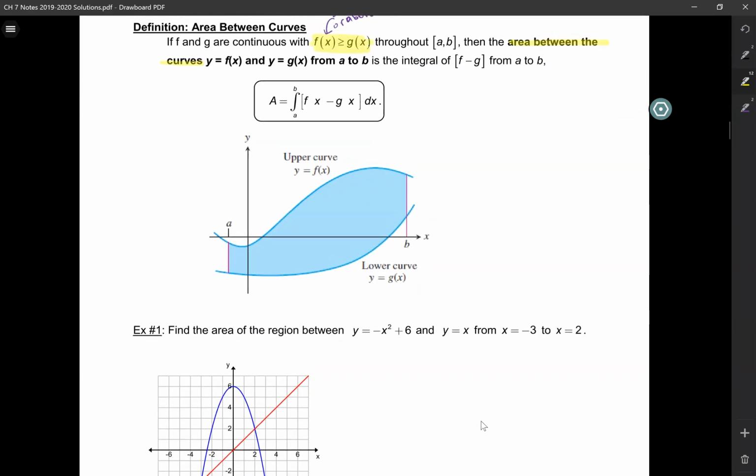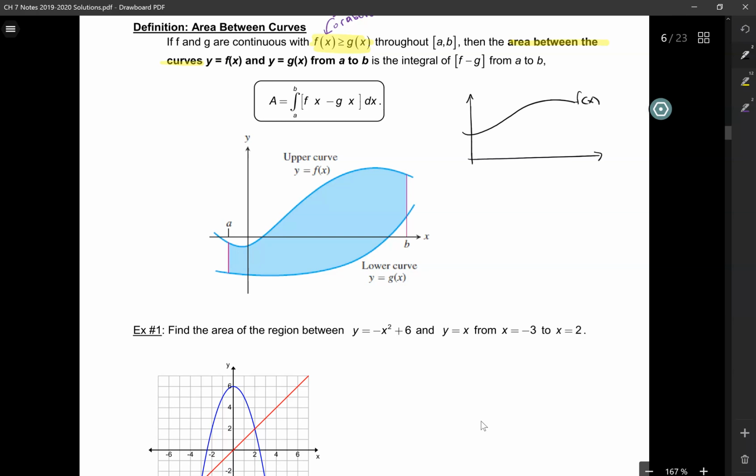we have to find the difference of the integrals. Well, let's see if that's true. All right, so suppose this is f of x. How would I find the area under that curve? Take the integral, right? So that area is the integral of f of x dx from a to b.